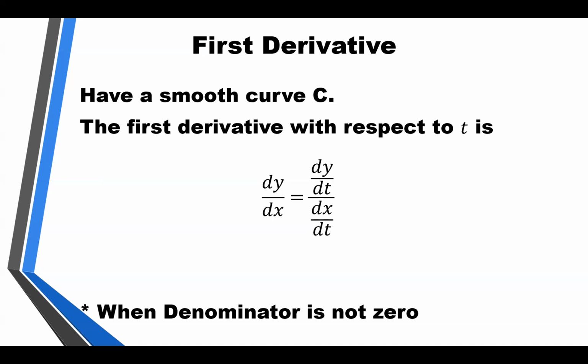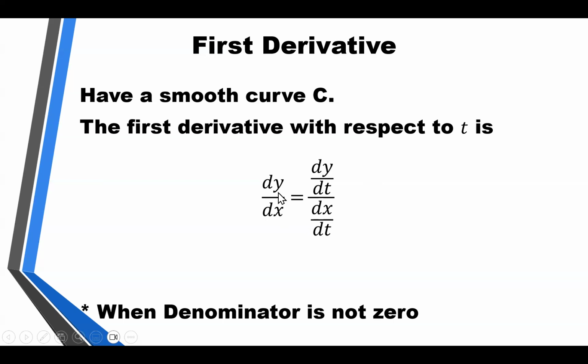So we can get the x value using x is equal to a function of t, and we can get the y value as y is equal to a function of t. Normally, when we think of the first derivative, we think of it as change in y over change in x, the instantaneous rate of change, dy over dx.